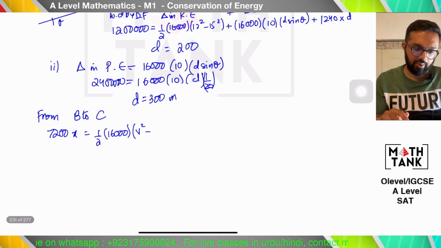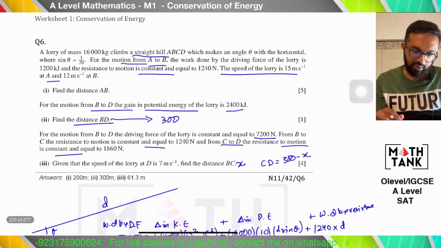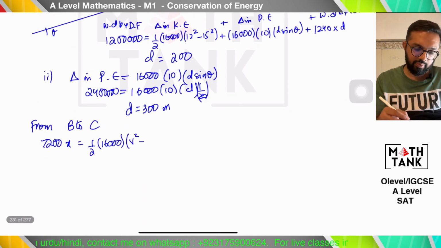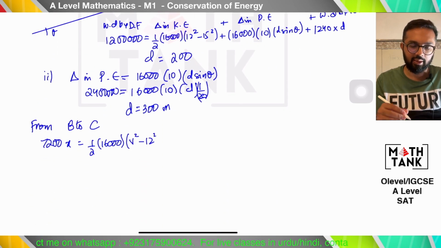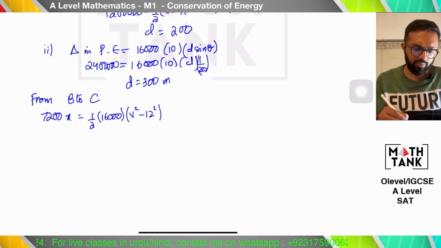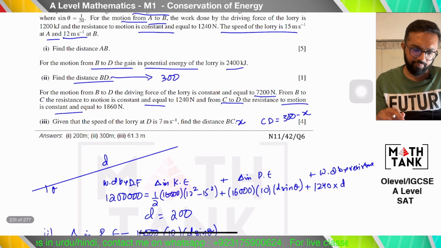I know the speed at B, which is 12. I don't know the speed at C right now, and I don't want to find that either.